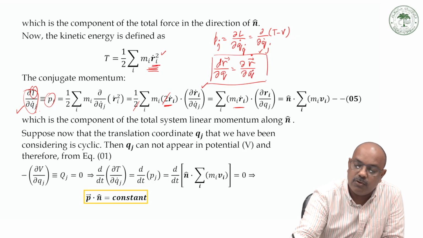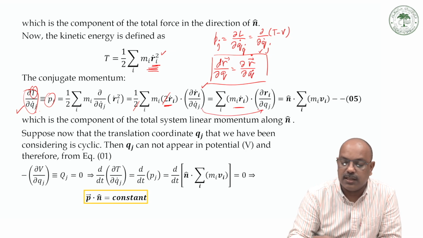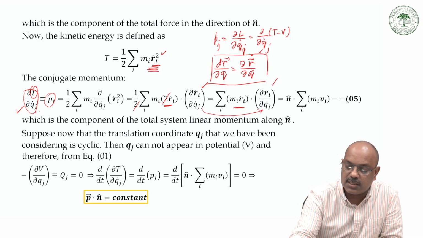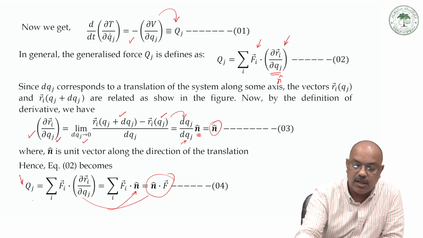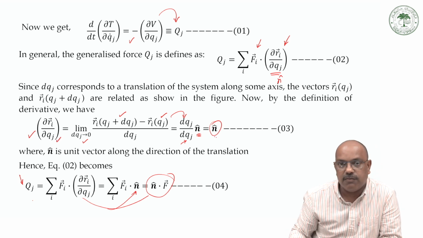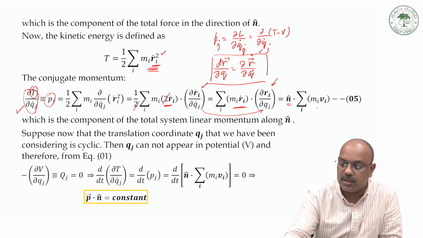If you go to the previous slide, you see this is equivalent. And delta r_i upon delta q_j is the unit vector in the direction of the translation, so I can put this as n.